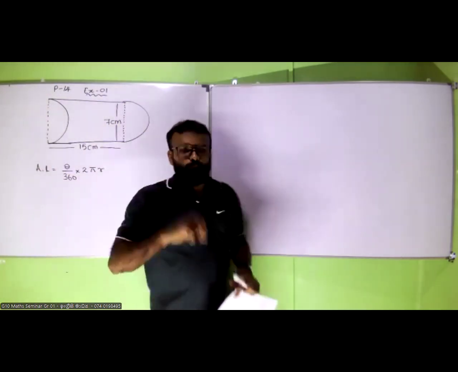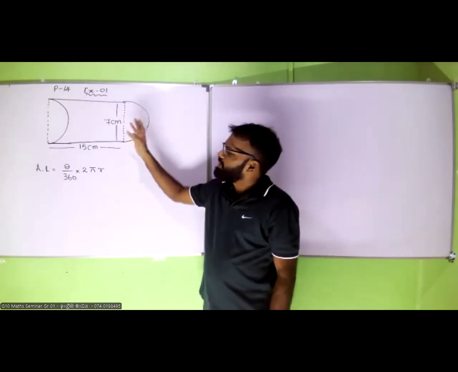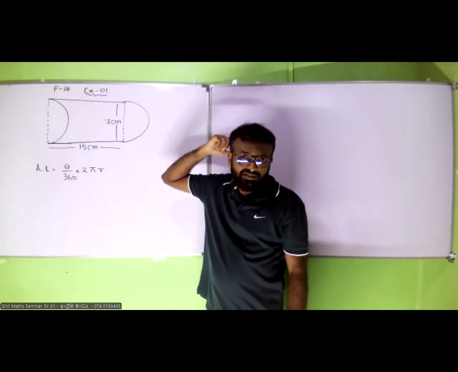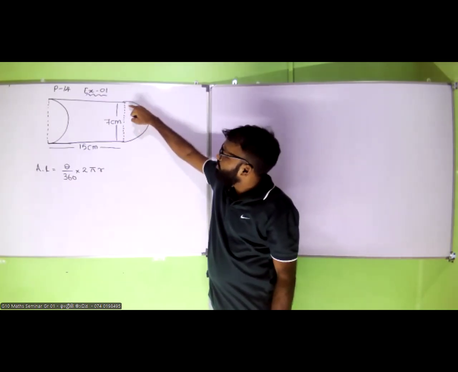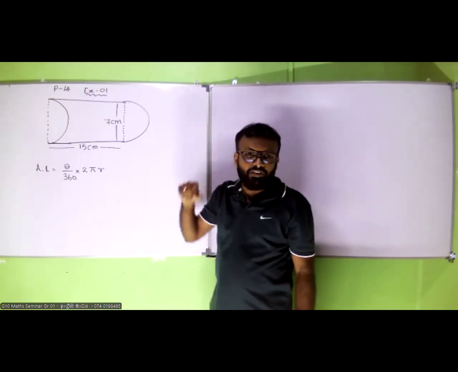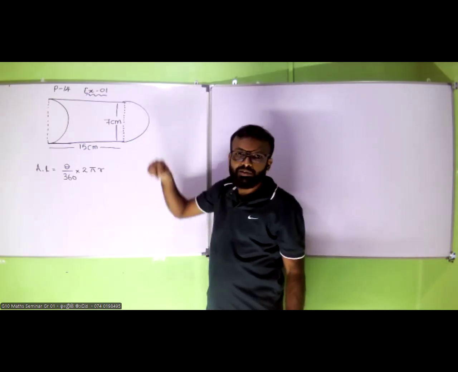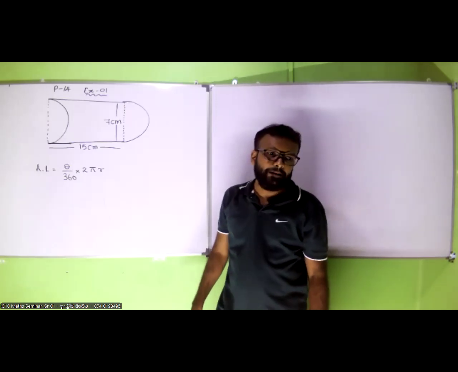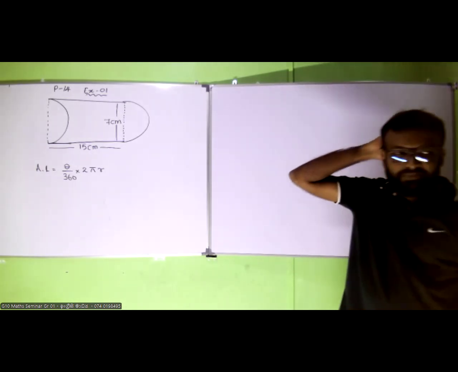Now if you see the symmetry of this figure, what is this called, from here to here of this arc? This 7 centimeters is called what? Can anyone tell me? Diameter.